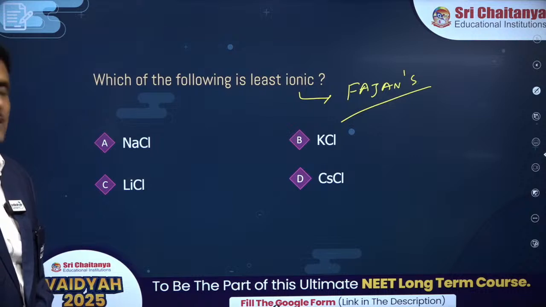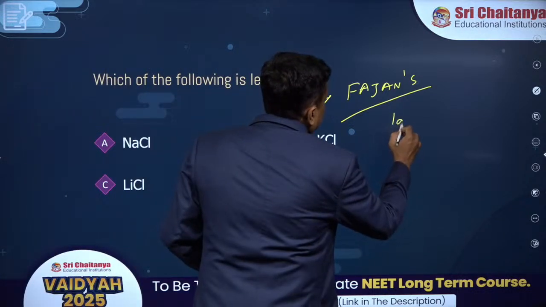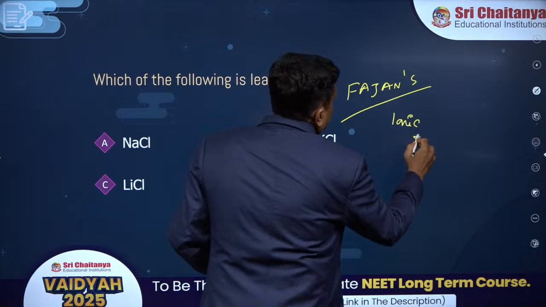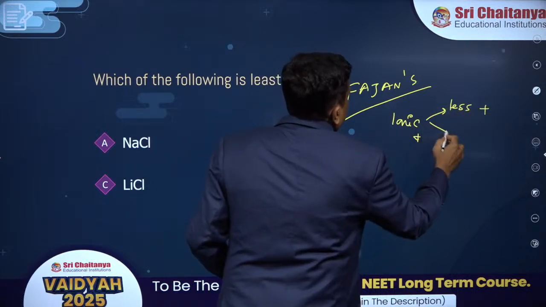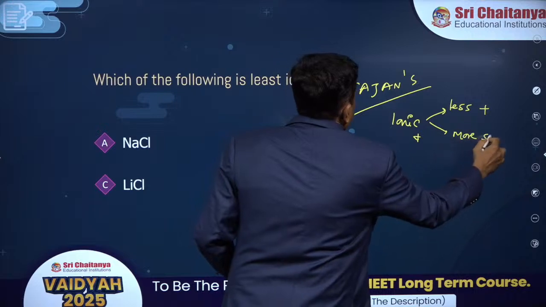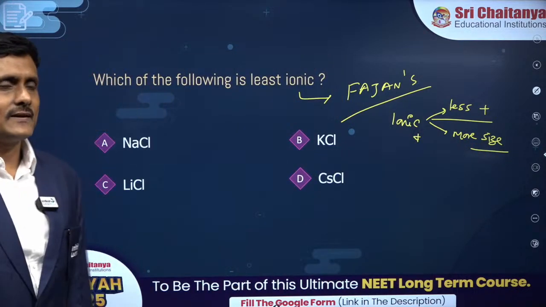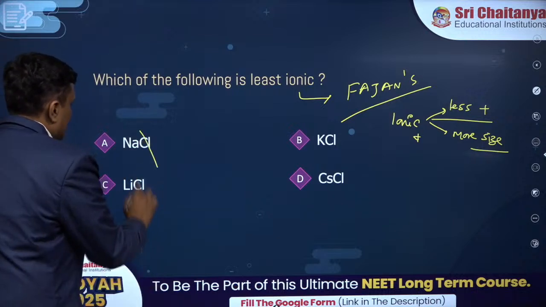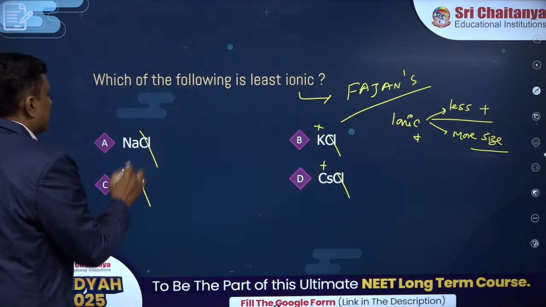Come on, speak out. While predicting the ionic nature, listen now. Of a cation, less positive charge, more size. If you are talking about a cation, you can see the anion is common, and the charge is common.